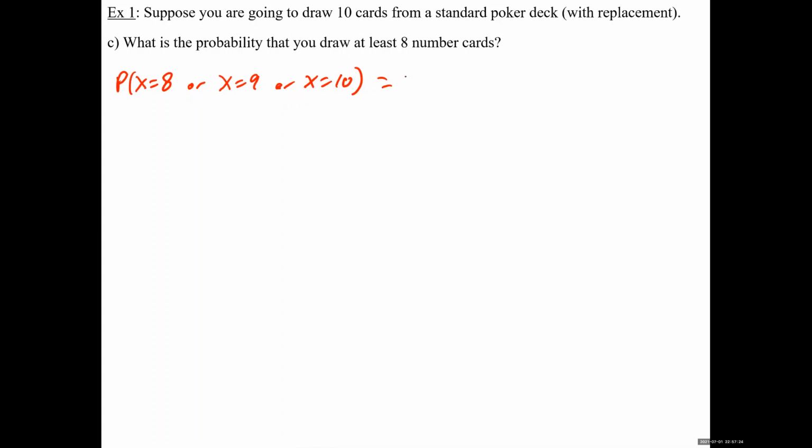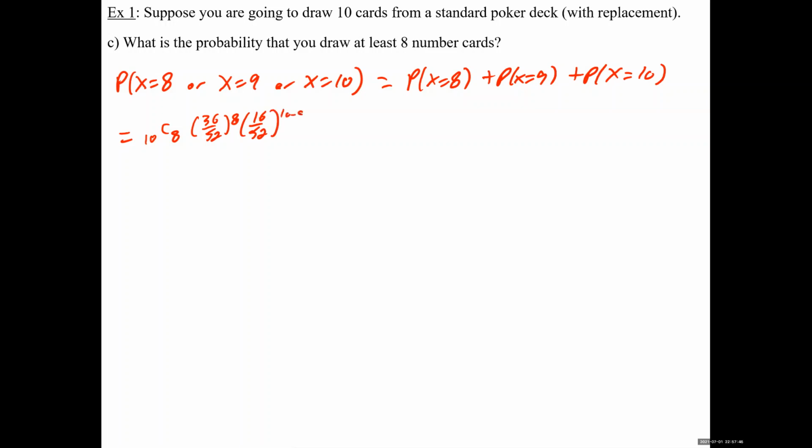Okay, now this is identical to the last problem. You just do probability x equal 8 plus probability x equal 9 plus probability x equal 10 using the OR formula. Then use the binomial formula for each part. So it's going to be 10C8, 36 out of 52 to the 8, 16 out of 52 to the 10 minus 8.